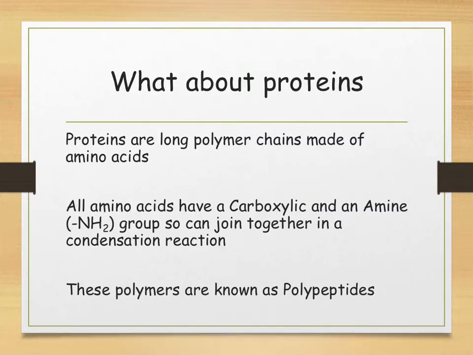For polypeptides, the amino acids which form the monomers have 2 different functional groups attached onto the one monomer. The polymers that are formed are known as polypeptides. These polypeptides then form up to form proteins as they fold in the correct manner.